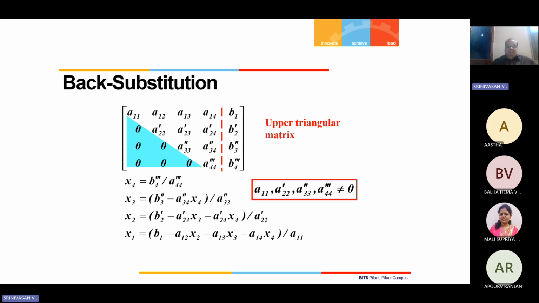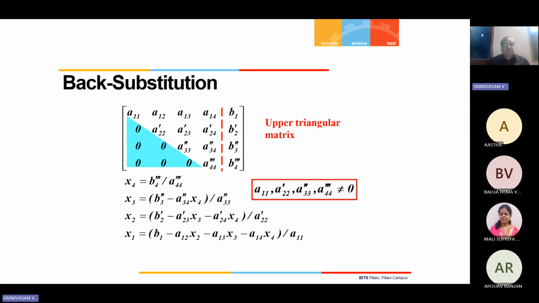But from the second row onwards, you have 0, then A22 dash, A23 dash, A24 dash, B2 dash, transformed. Then you have 0, 0, A33 double dash, A34 double dash, B3 double dash. Then 0, 0, 0, A44 triple dash, B4 triple dash. So you have an echelon form, upper triangular form, and then you are going to have back substitution.